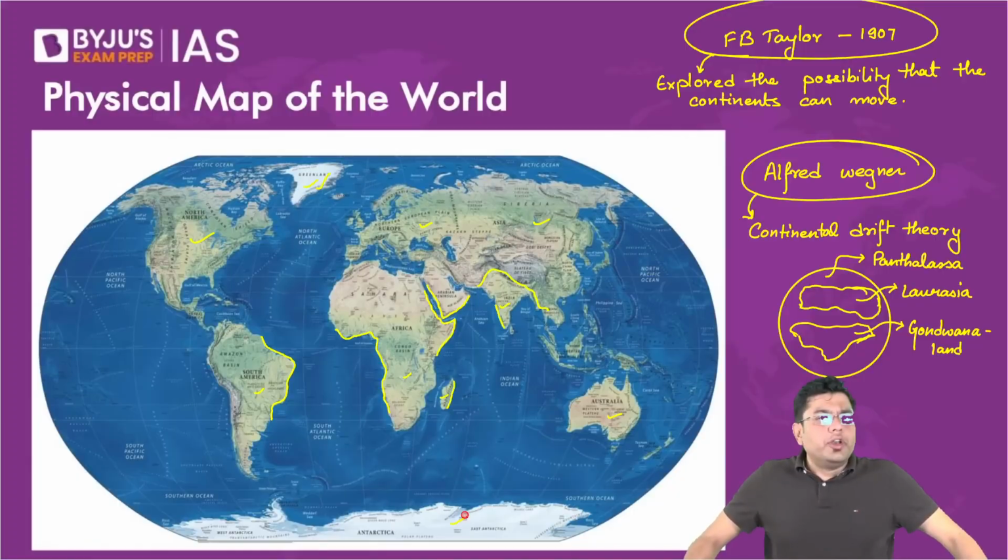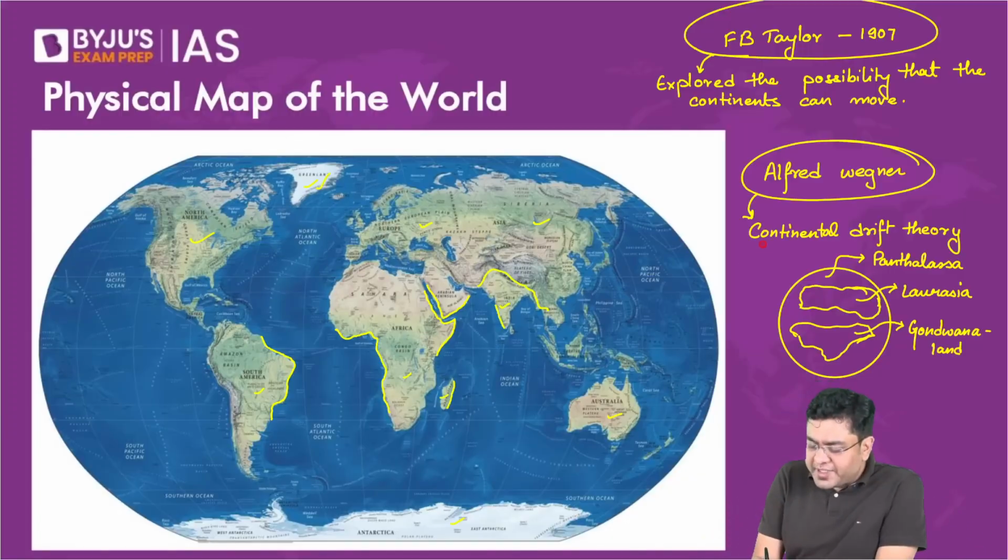So when we study this theory, what do we study here? First of all, we study the evidences provided or indicated by Wagner.